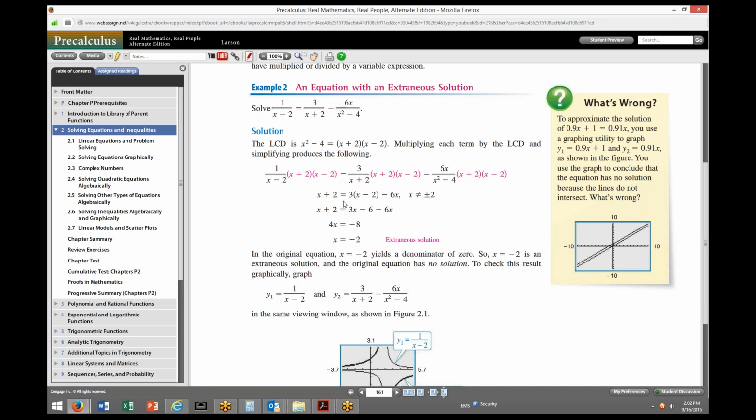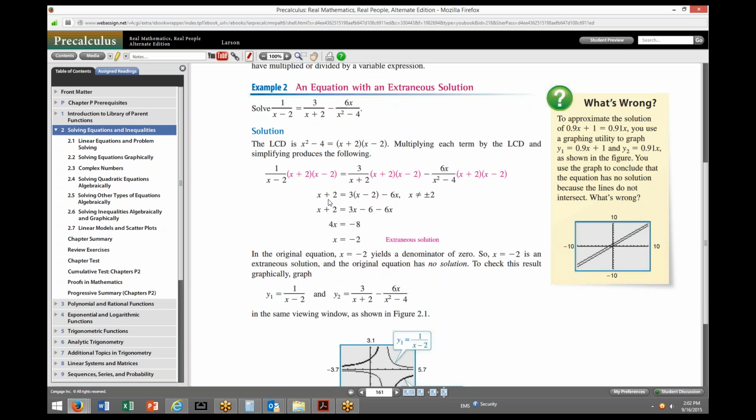As you can see right here in the text, the first term, 1 over x minus 2 on the left side of the equation, multiplying that times x plus 2 times x minus 2, and I would also prefer to put that over 1 times the 1 over x minus 2. The x minus 2 on the bottom and the x minus 2 are going to cancel from bottom to top, leaving only 1 times x plus 2, which is x plus 2 on the left side.